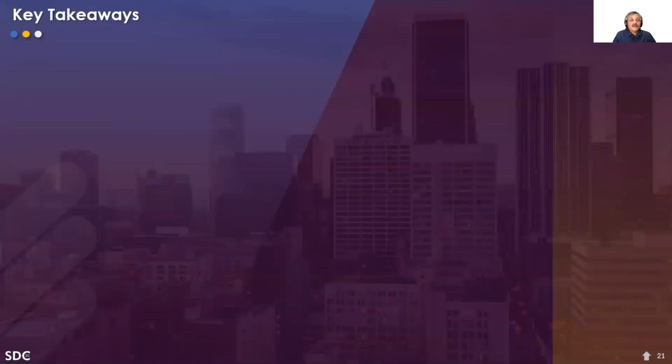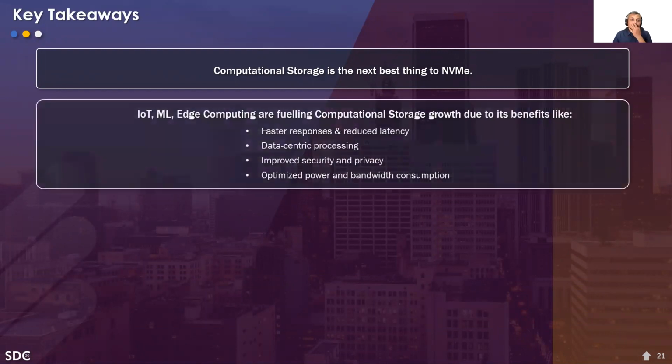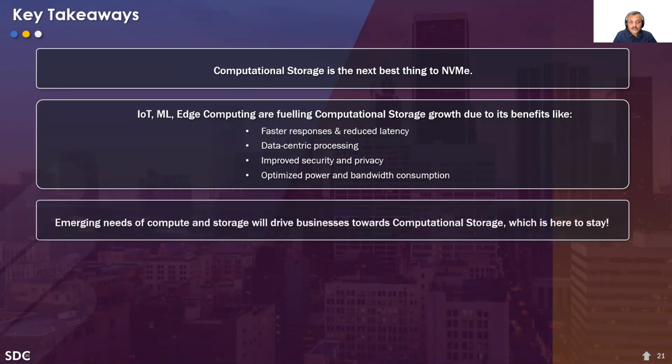To conclude, there are a few key takeaways. One is, for flash, the biggest thing was NVMe, and the next best thing after NVMe is computational storage. That's how I see it. There are numerous use cases and applications where computational storage devices can help out with real world problems.